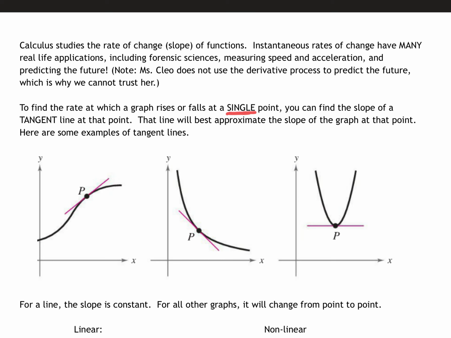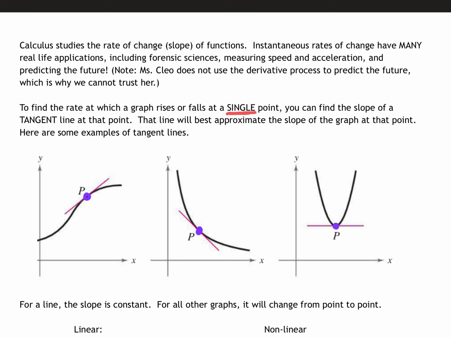So what you see in the pictures below are examples of tangent lines. What I want you to notice about all of those is that, first of all, the tangent line just bounces off the function at a specific point. In this case, we're talking about point P. It bounces off the outside of the function. So our tangent lines are going to intersect that function at one point in the general vicinity of that point.